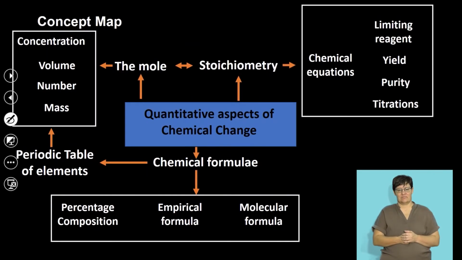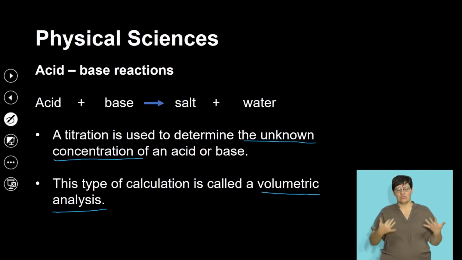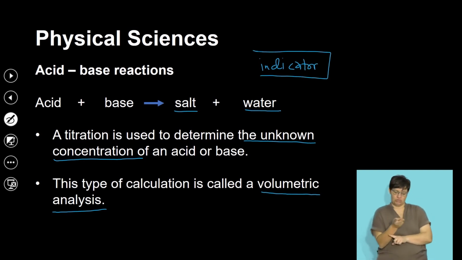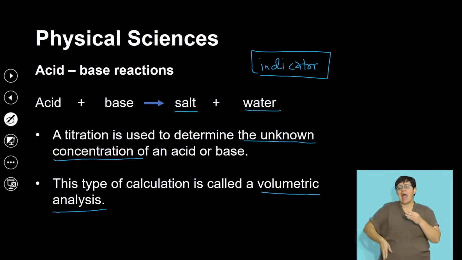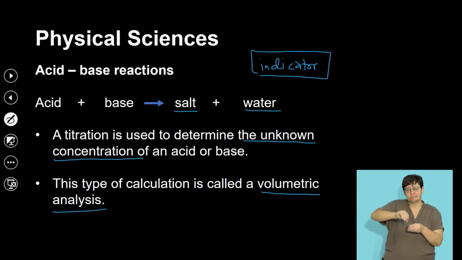Let's quickly reflect on a few very important things. At the end point of a titration, all the substances have reacted, so we have the maximum amount of products, which is salt and water. But the indication that this has happened, we achieve by an indicator, which gives us a color change. This is the most important part of the titration: deciding when to stop adding one substance to the other.